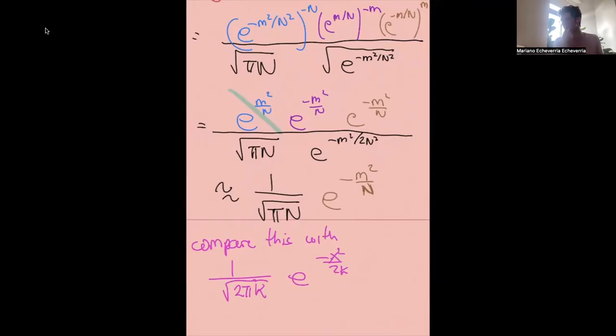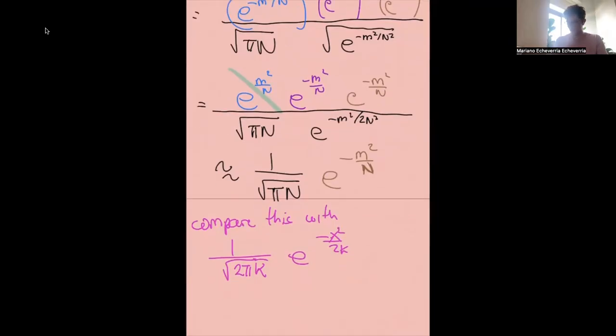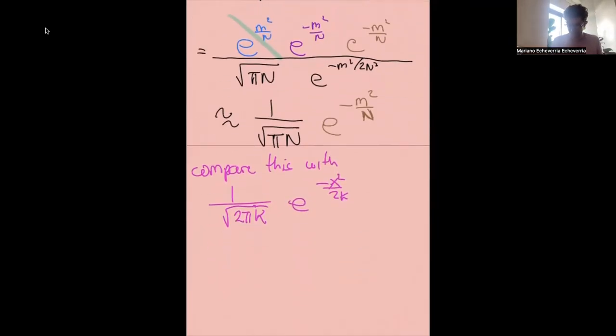Well, if you compare this to the Gaussian, what that tells you is that you should take n to be 2k. In other words, 2k, if you remember, was like the standard deviation squared, so it's 2 sigma squared.